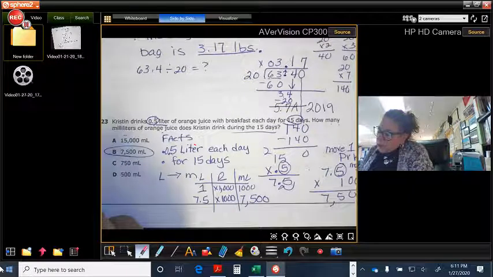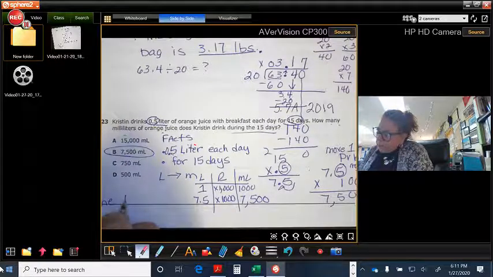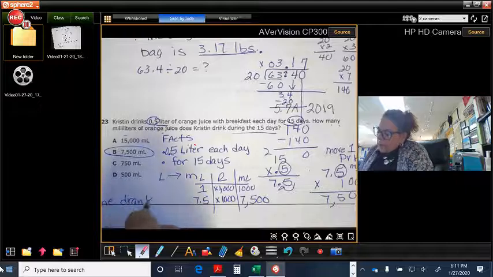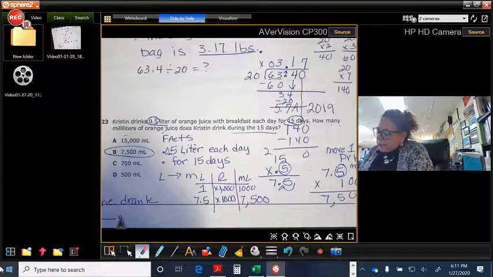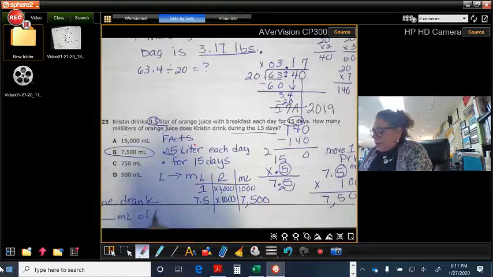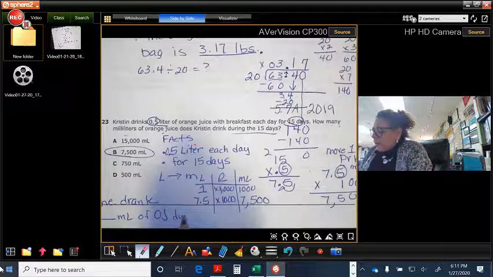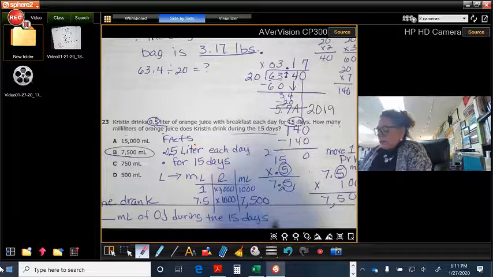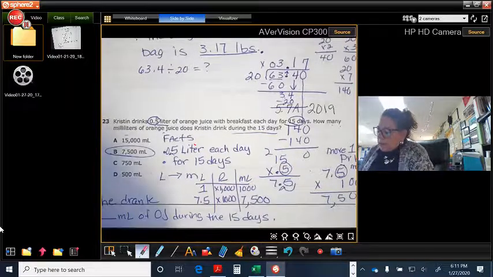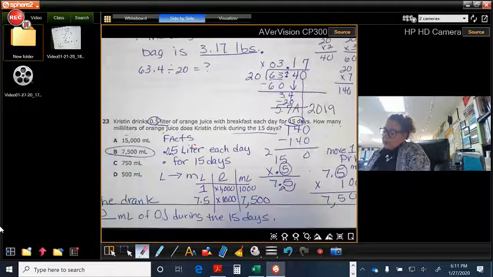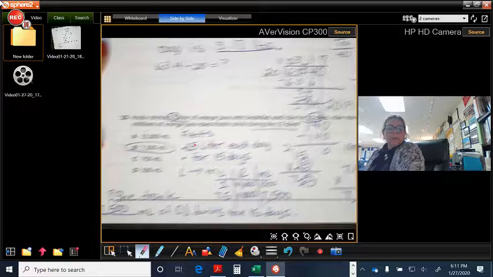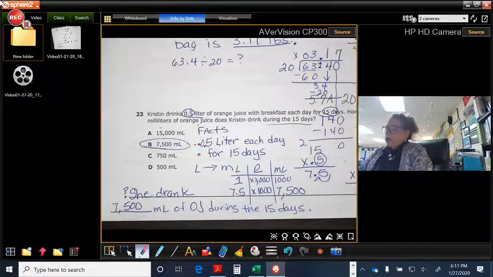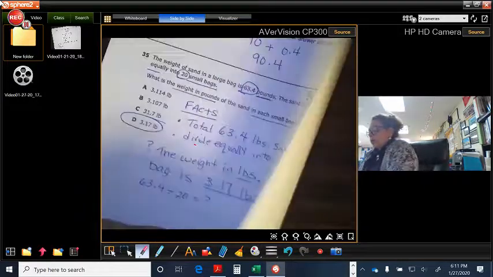So she drank blank milliliters of OJ during the 15 days. And so this is going to be 7,500. And there we go. All right, let's move over to the next one.